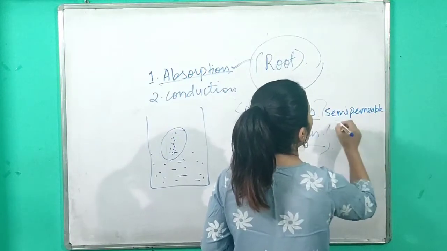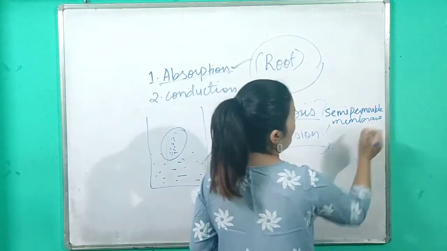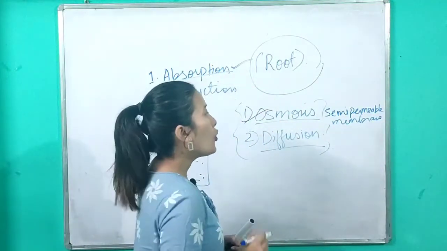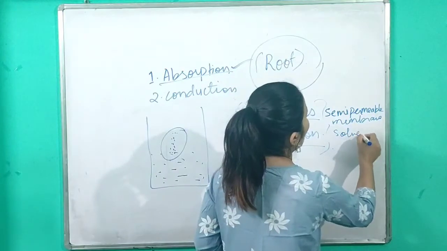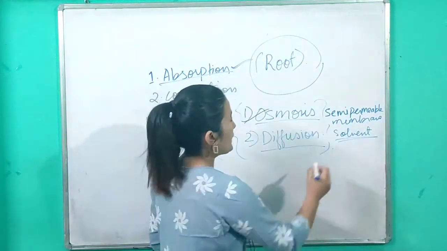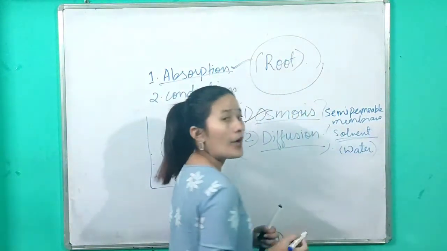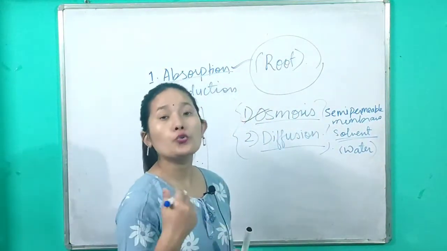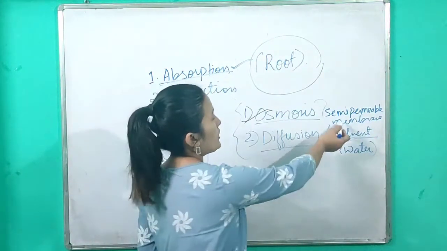Only in the presence of a semi-permeable membrane does osmosis occur, and only the solvent portion moves from a higher concentration towards a lower concentration. Let that solvent be water. So it is only the movement of water from a higher concentration towards a lower concentration in the presence of a semi-permeable membrane.